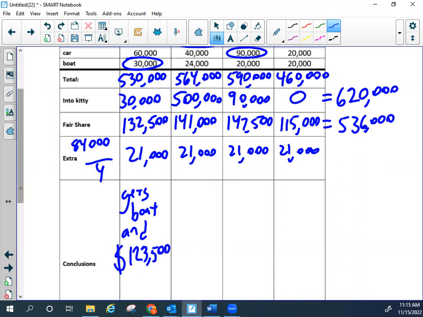Ron, on the other hand, he gets the mansion, but he ends up paying $338,000. Negative 500,000 plus 141,000 plus 21,000 comes out to negative 338,000, which means he paid.